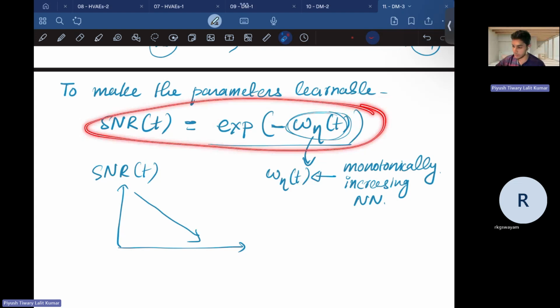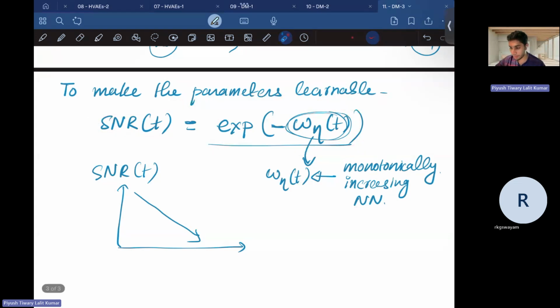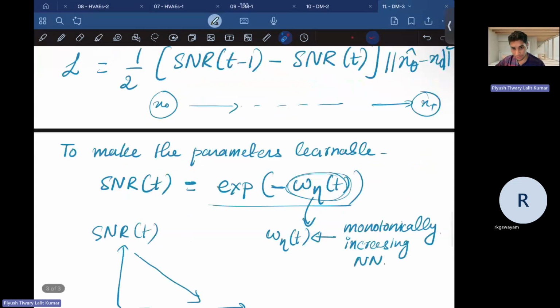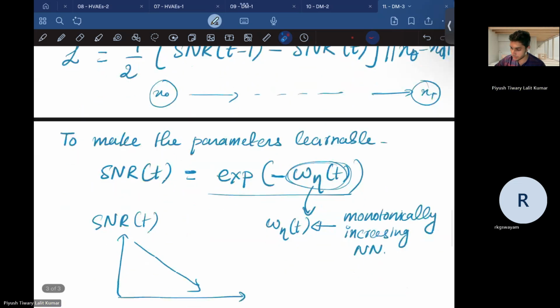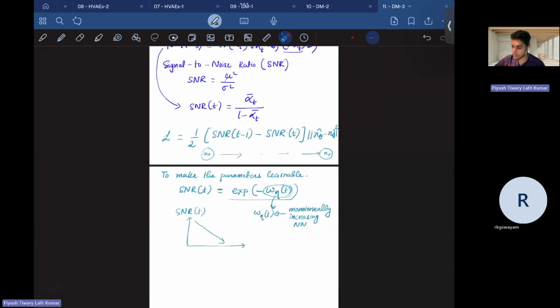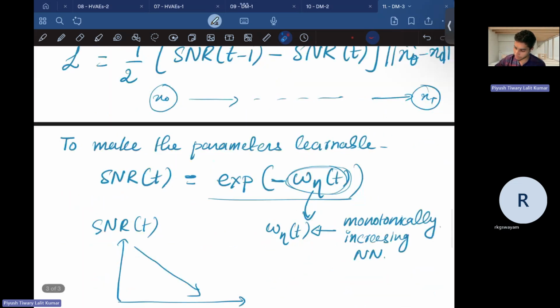However, here you haven't made the alphas learnable. Instead, you have made your SNR learnable. But what is the relation between SNR and your parameters alpha? This is the relation we started from. So you can do a simple substitution.